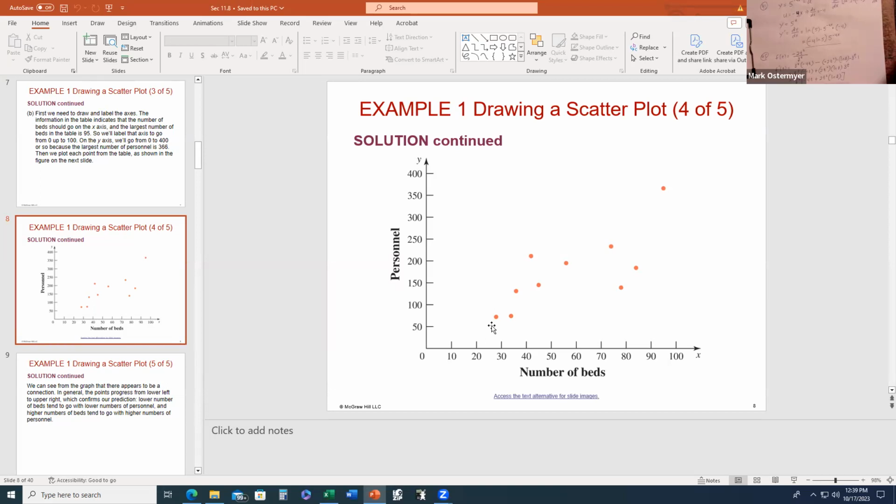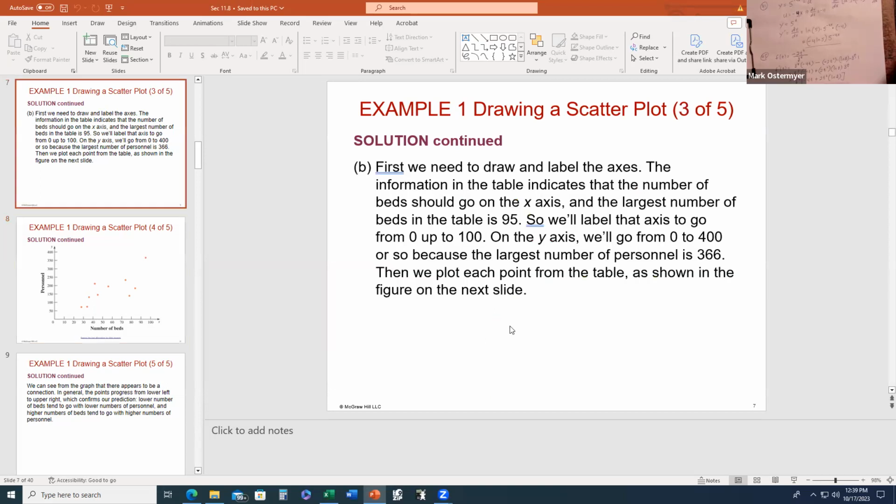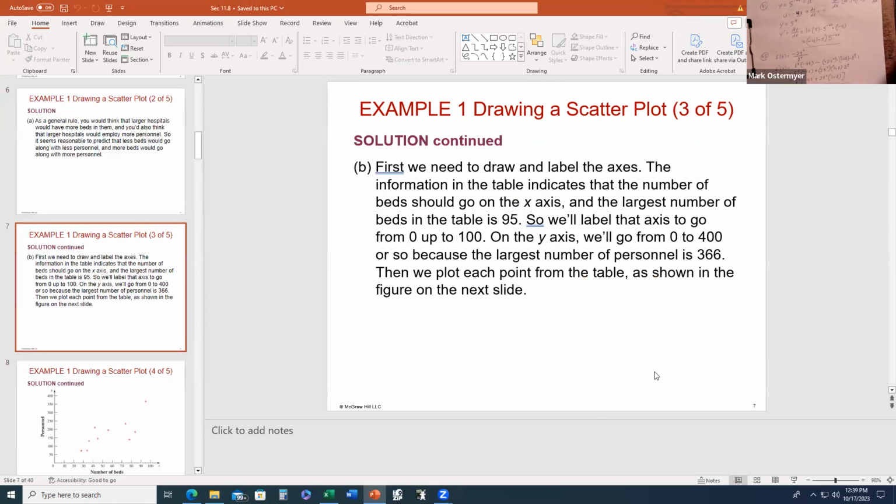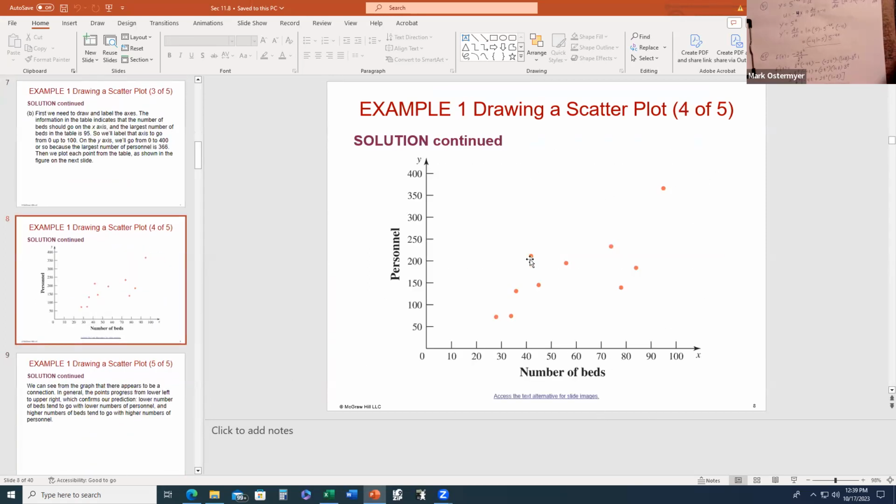You can see after plotting those 10 ordered pairs that we collected from the different hospitals, the scatter plot that it gives us. And ladies and gentlemen, it kind of looks like our hunch was correct.